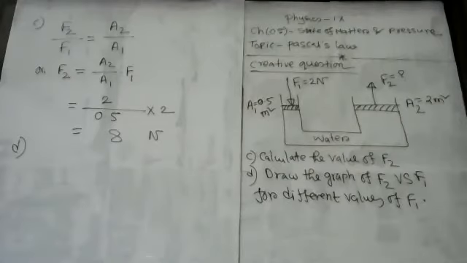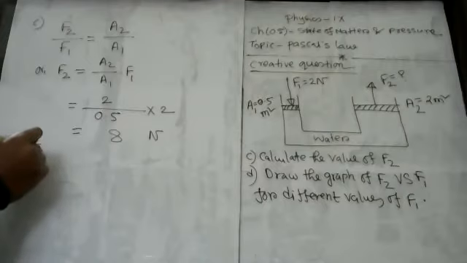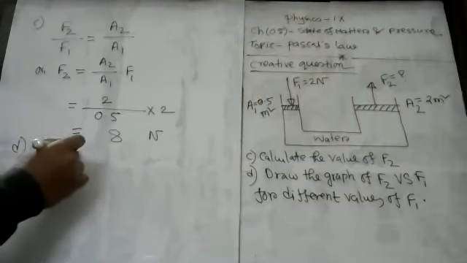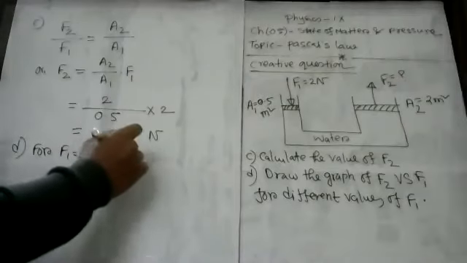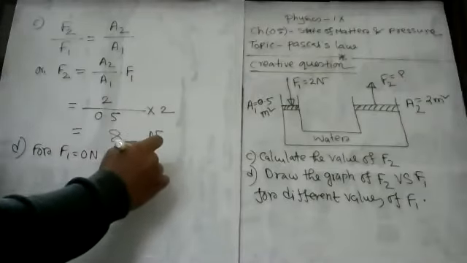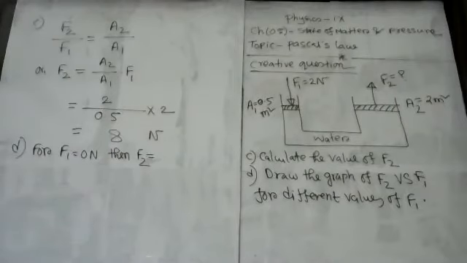When F1 is 0, I'm going to find out the value of F2. So for F1 equal to 0 Newton, F2 will equal what? If you want to find the value of F2 from this equation, what would be the equation of F2?